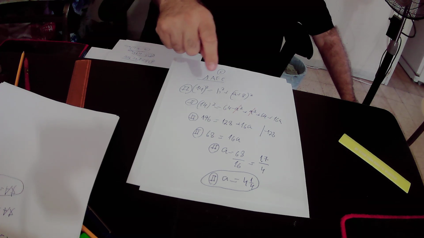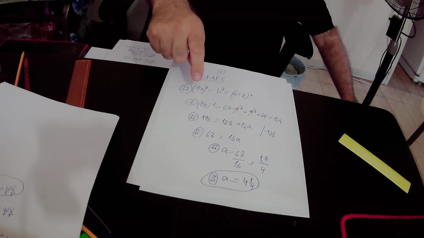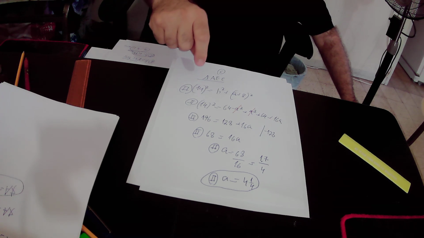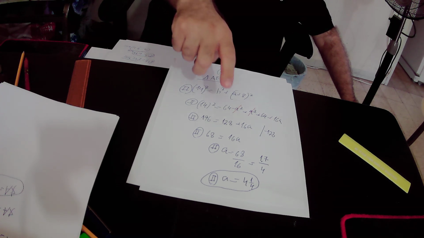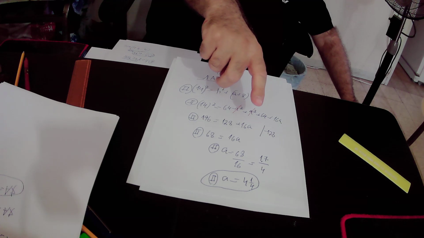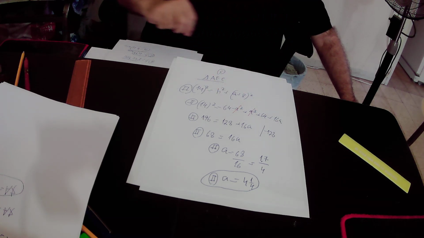We solve this equation number 2, and we found out that the value of A is 4.25 units.